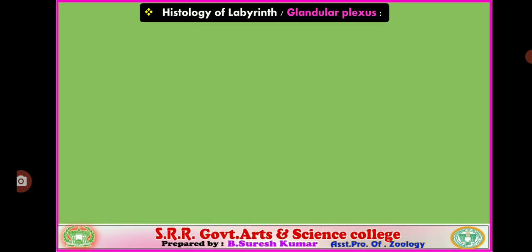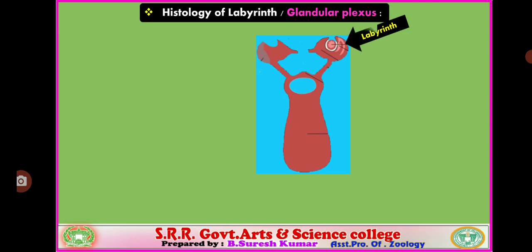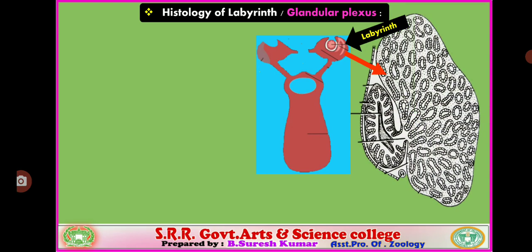Let us see the histology of the labyrinth or glandular plexus. Anatomy of the glandular plexus. This is the labyrinth or glandular plexus. And if we observe the microscopic view of the glandular plexus, it appears like this. Okay, so you verify the outer portion.